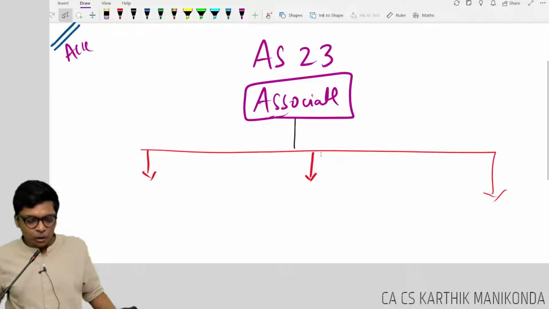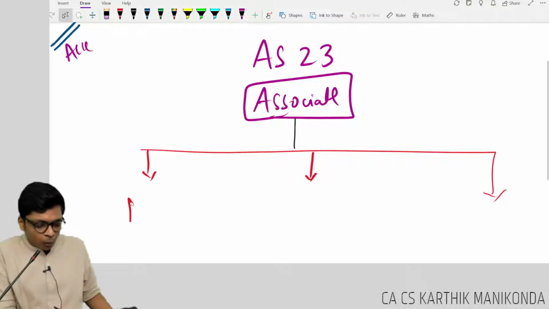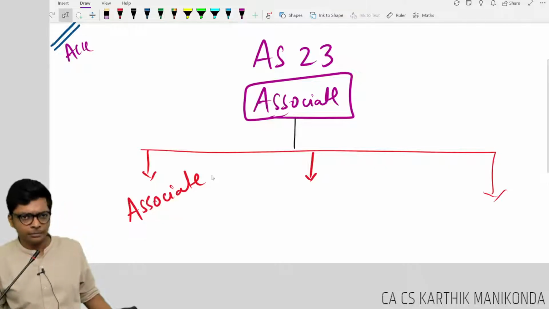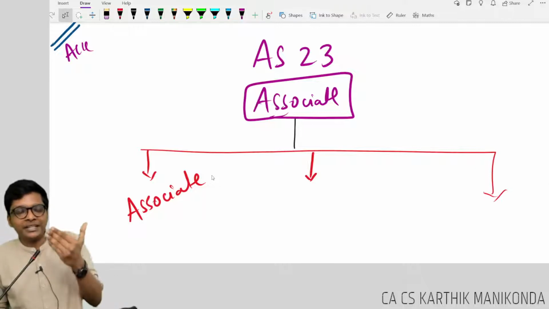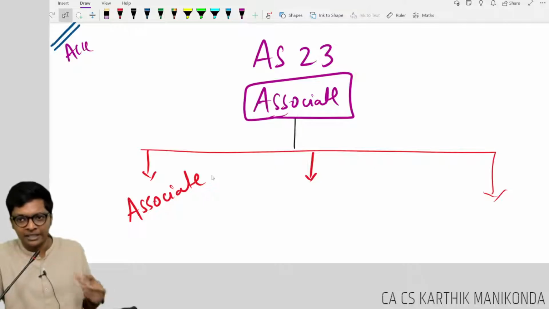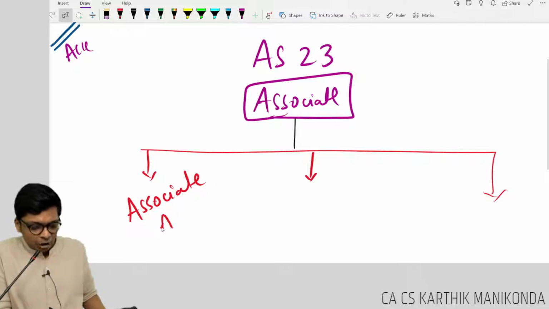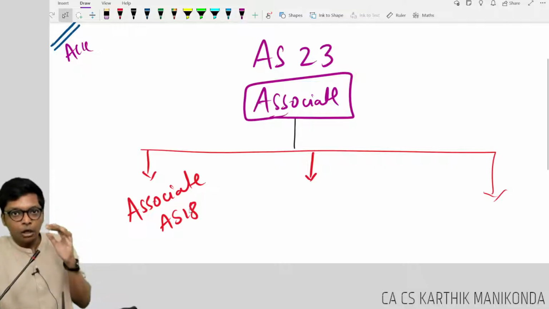The discussion will revolve around this structure. First, we should understand what is an associate. Basically same definition as per Companies Act, but Companies Act is in law, so I will again revise the definition of what is an associate company. Companies Act read along with AS 18, related party disclosure.